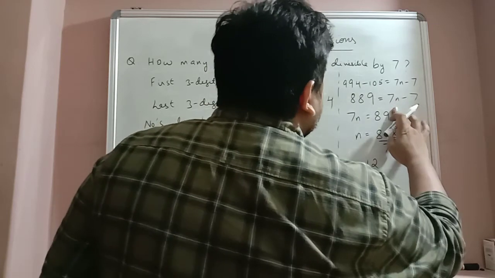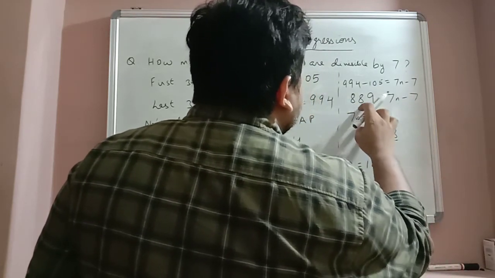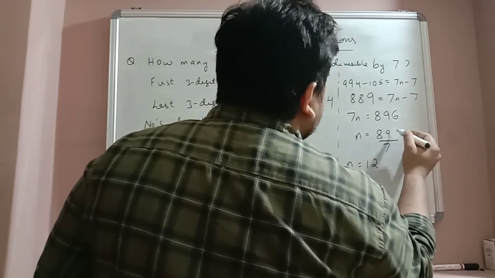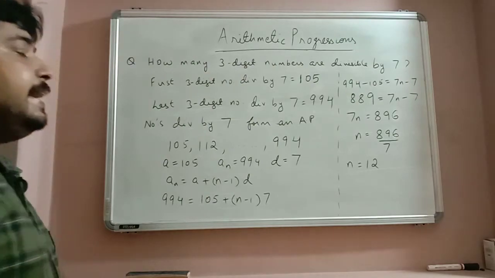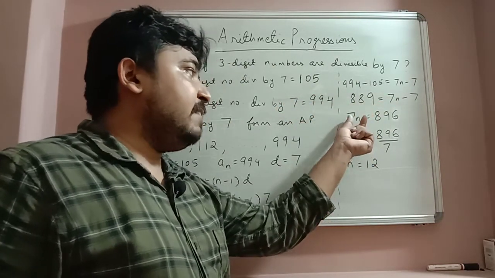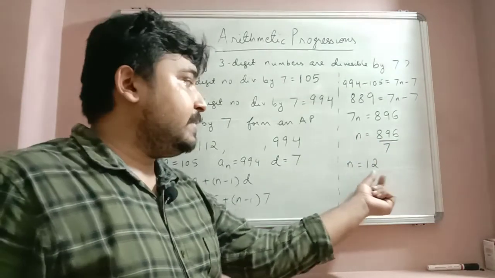Oh, sorry, I have taken this wrongly. 889 plus 7 is 896. So 7n is equal to 896. N is equal to 896 divided by 7.